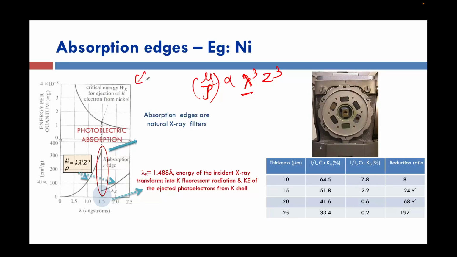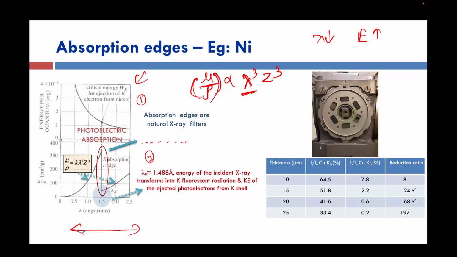If you look at this graph here, this is the energy first. So this has been split into two, the top one, and let's say this is the bottom one. As I decrease my lambda, my energy will also increase. If you look here, this is the wavelength.